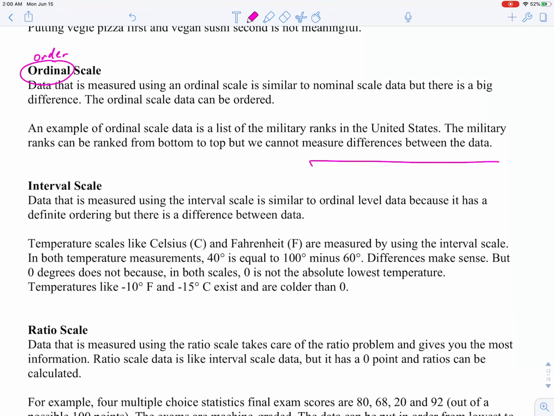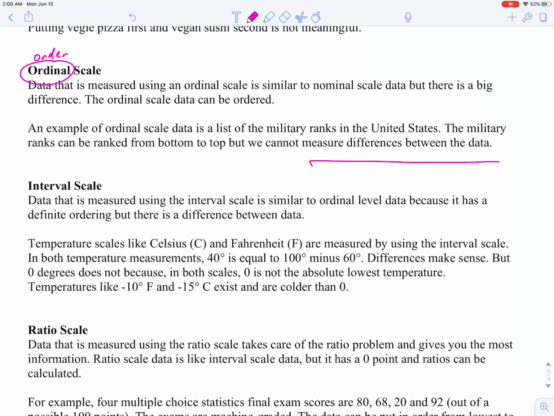All right, next one, the interval scale. Data that is measured using the interval scale is similar to the ordinal level data because it has a definite ordering, but there's a difference between the data. Like temperature, right? If we have 40 degrees, you could look at that as 100 degrees minus 60 degrees. There's a countable difference between different numbers here. The differences make sense.